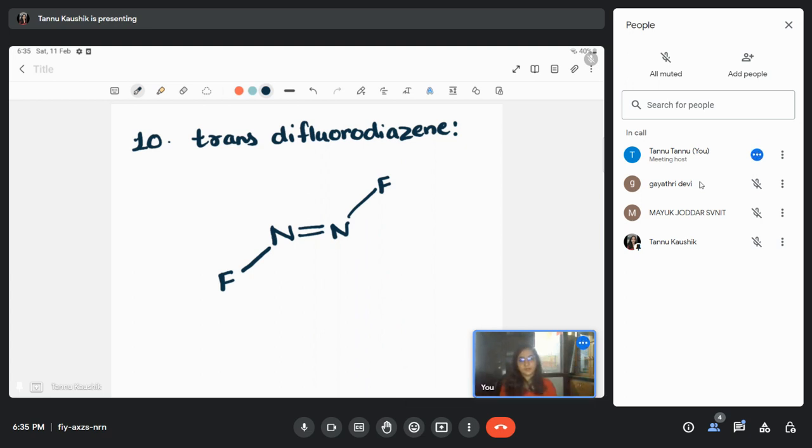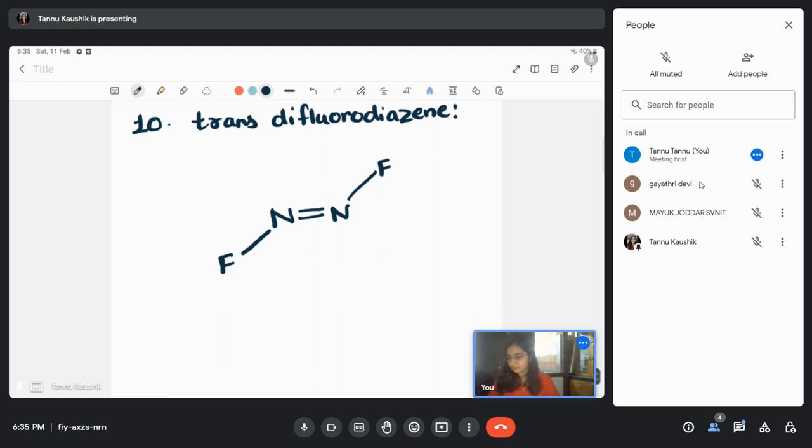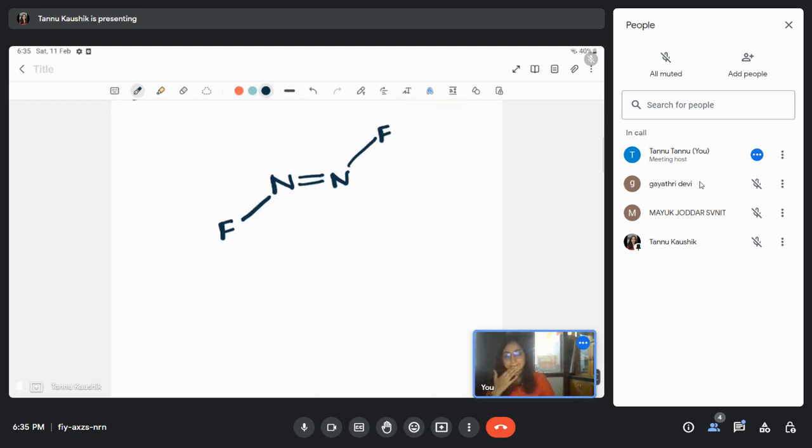Yes, right. What else? Do we have a proper axis of rotation in this molecule? Mayuk, right?